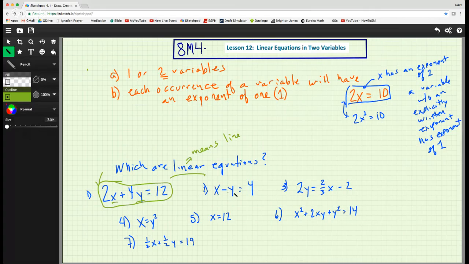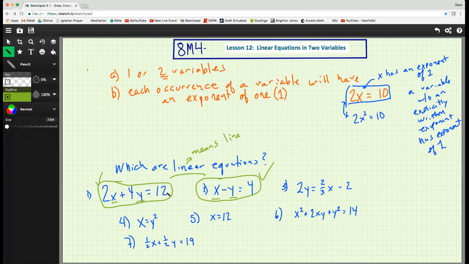Let's look at this one. Well, I have two variables, and each one has an exponent of 1. So even though this is a subtraction sign, it doesn't matter if your variables are added or subtracted, this one has all the right criteria.